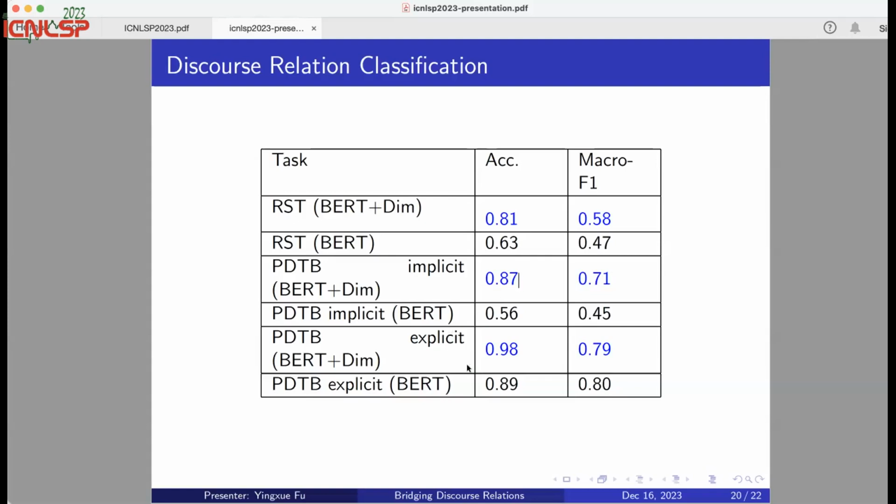But for PDTB explicit relation classification, the major improvement is on the accuracy metric. We guess the reason is that PDTB explicit relation classification is already a simple task because of the use of connectives, and those language models are strong at capturing the semantics of those connectives. So the performance on this task is generally very high.